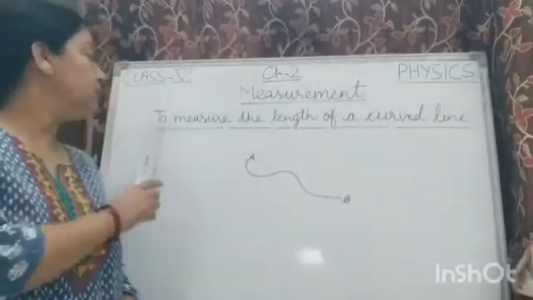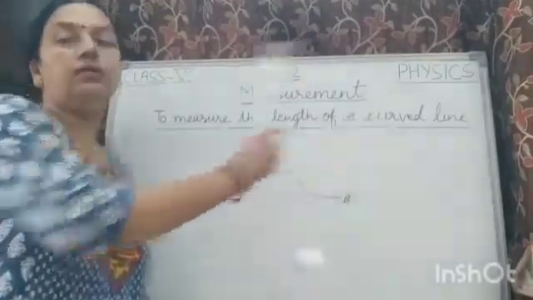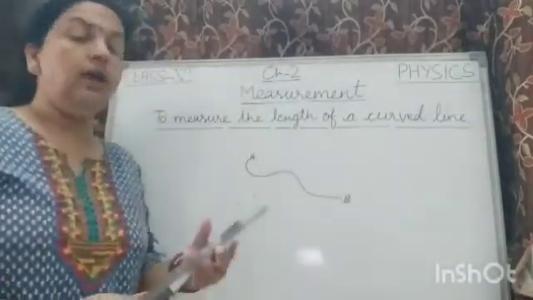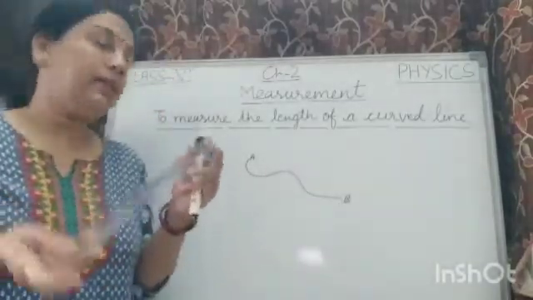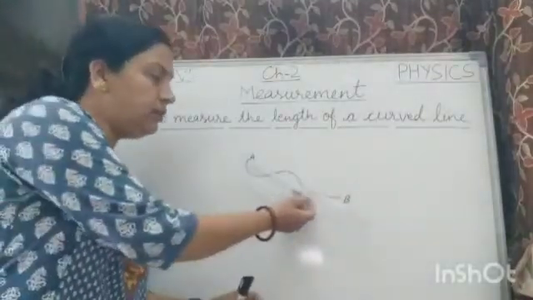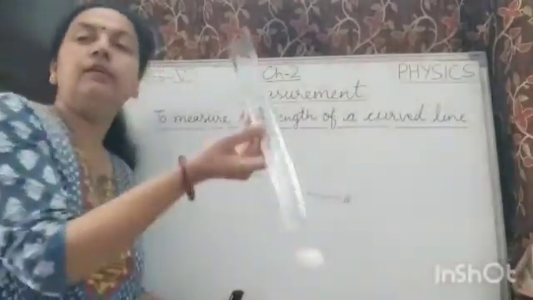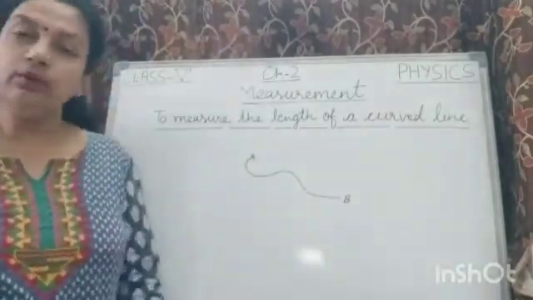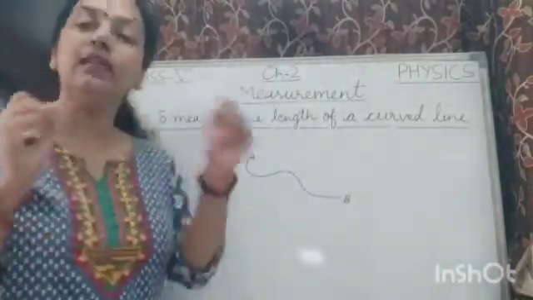Now children, next one is to measure the length of a curved line. Here it is a curved line, but we can't simply take the length of this curved line with the help of this ruler. So what we will do, we will take a thread.